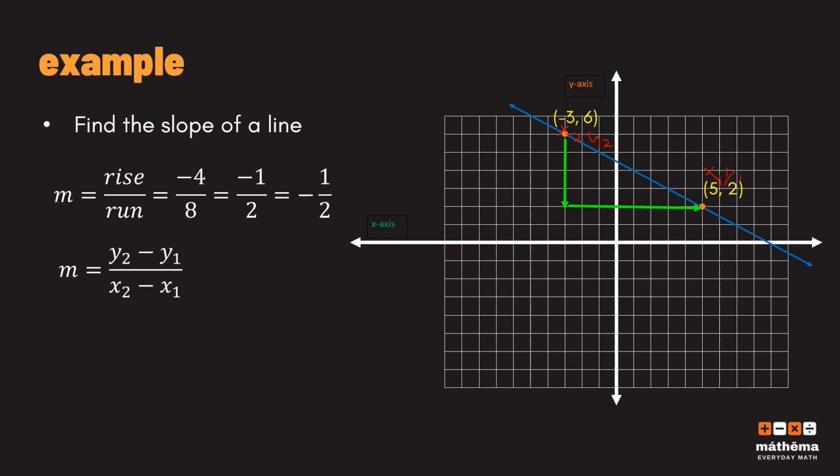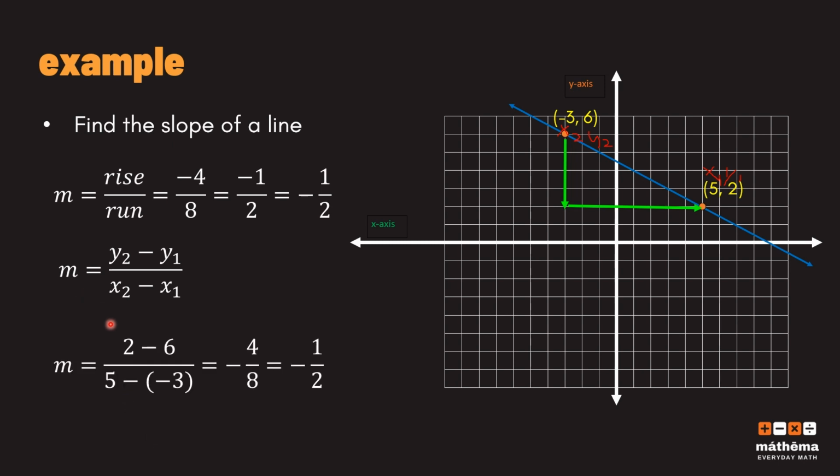You will arrive at the same answer. Just make sure that when you name this one as your x sub 2, this should be your y sub 2. If you rename this one as your x sub 1, this will be your y sub 1. In my example, I use this naming.